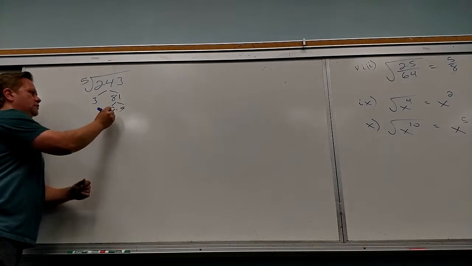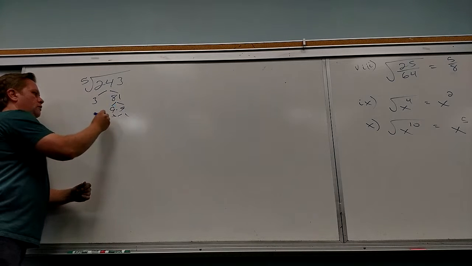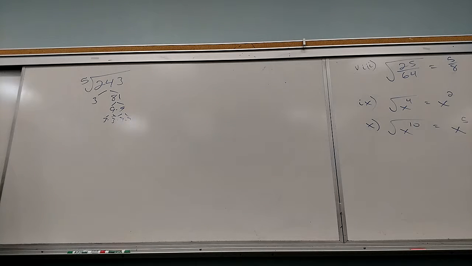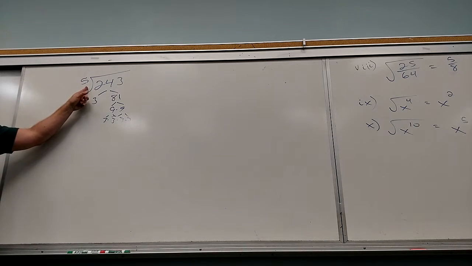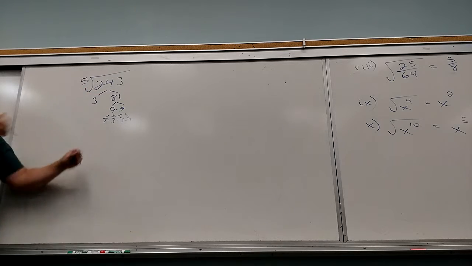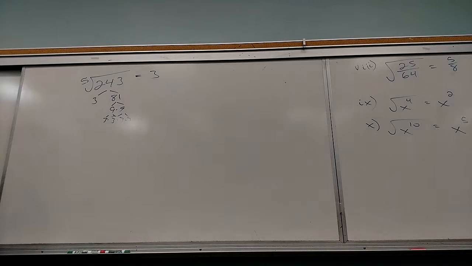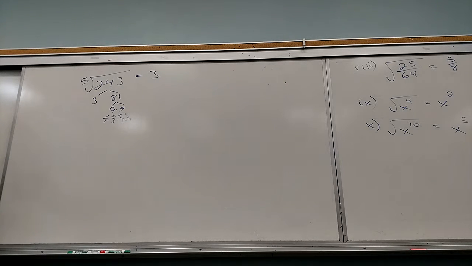And each 9 is 3 times 3 times 3 times 3. Do you see what it takes 5 of? 3. Because that's what it's asking, right? This thing is asking, what does it take 5 of to make this? It takes 5 threes. So what's the answer? 3. A root always cuts a number down. Okay, I like it.